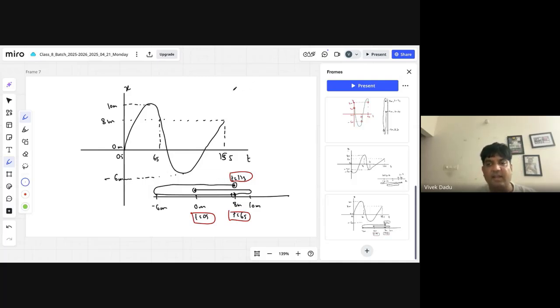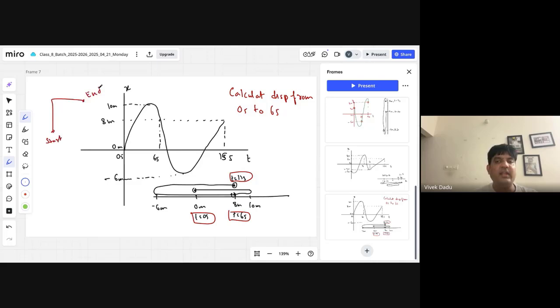Now, if I say calculate displacement from 0 second to 6 second. Now, when you used to see the displacement, remember you have done questions like this, that a particle started here, ended here.